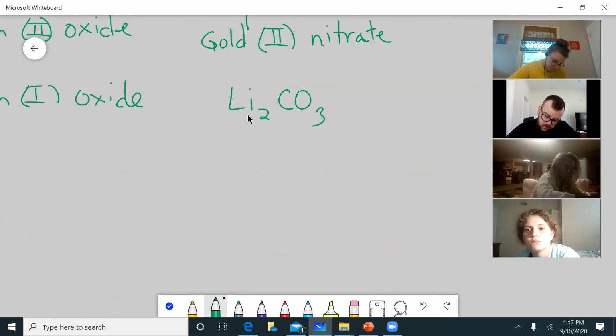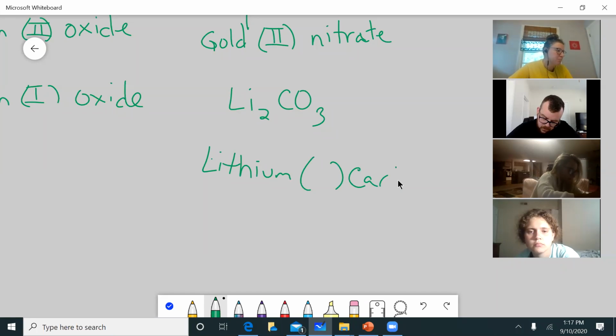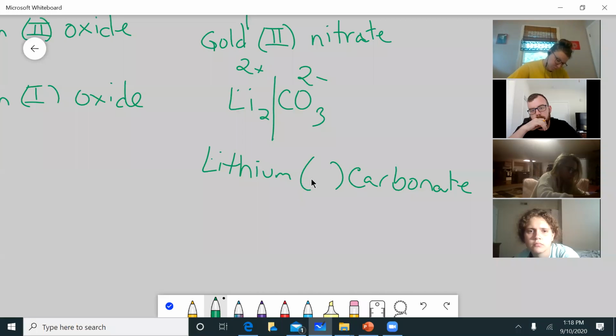It's a metal, it's a polyatomic ion. And what I have happen sometimes is students will go like this. They'll go Li, lithium, Roman numeral, carbonate, and then they'll figure out, okay, well, carbonate is a 2 minus charge, so this has to be 2 plus, and it's distributed over 2, so this is lithium 1 carbonate.